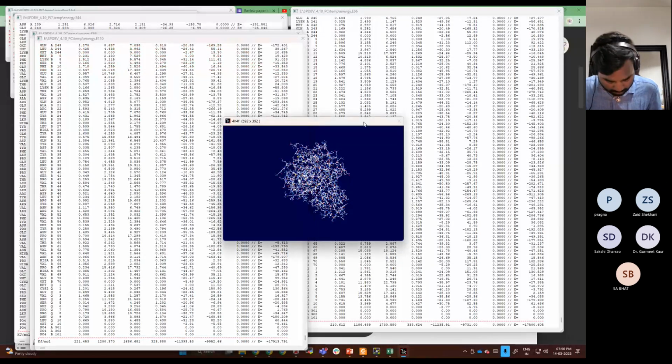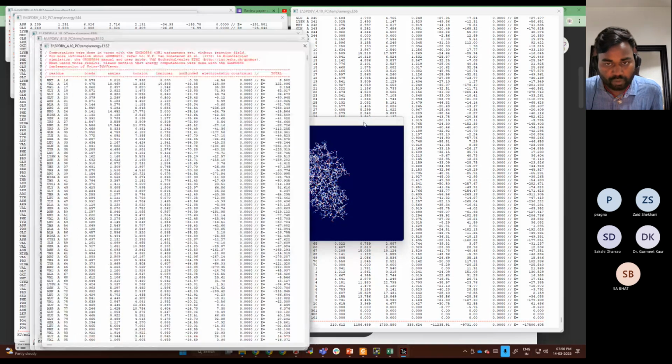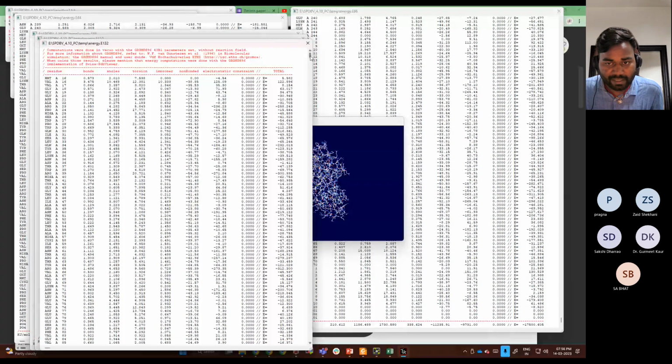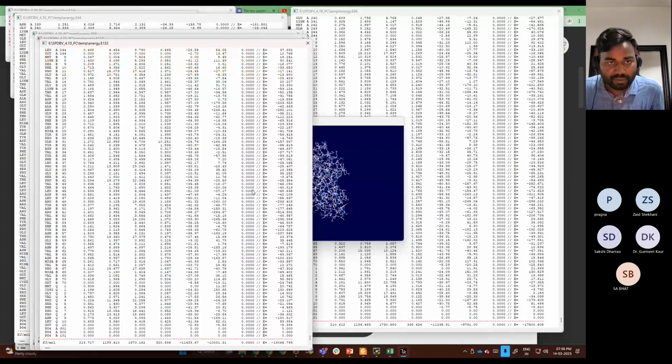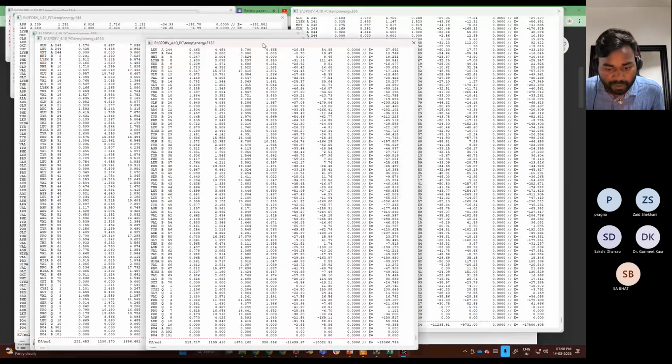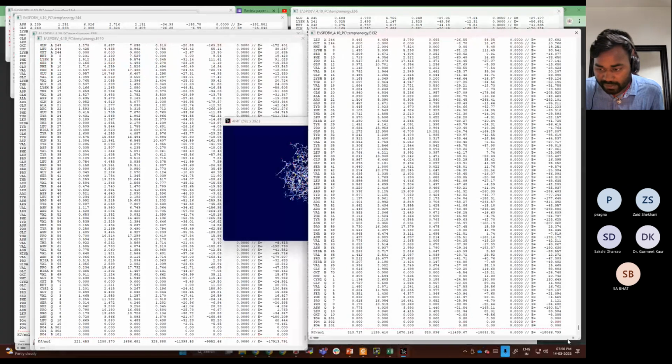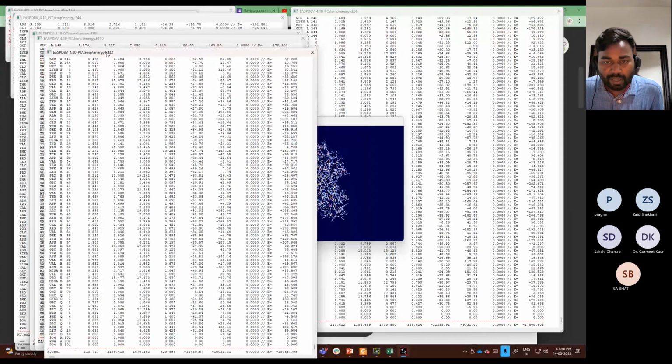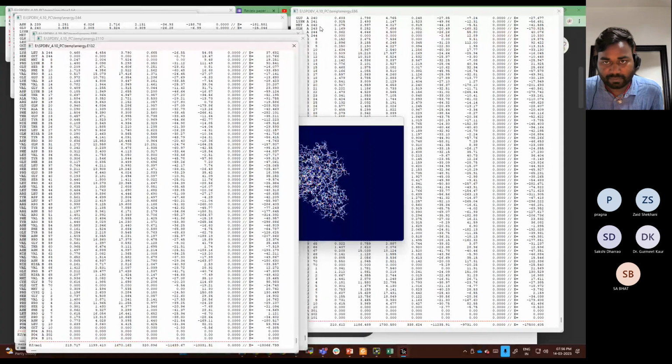Again, press. So you have to repeat this step again and again until you reach a state where the energy difference is not much. Right now, the energy difference is less than 100, right? So then you have to save this layer.